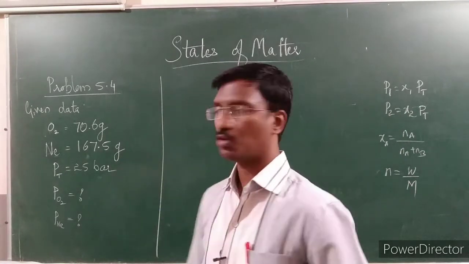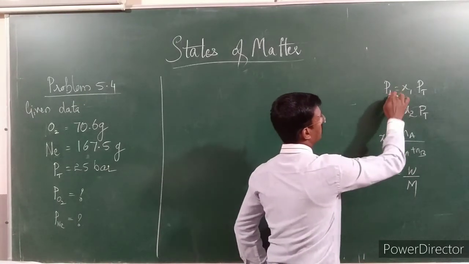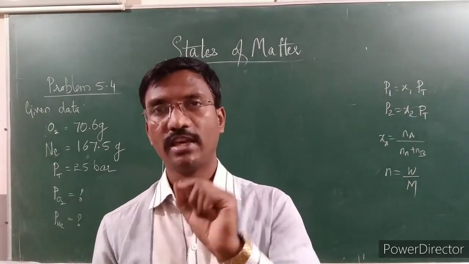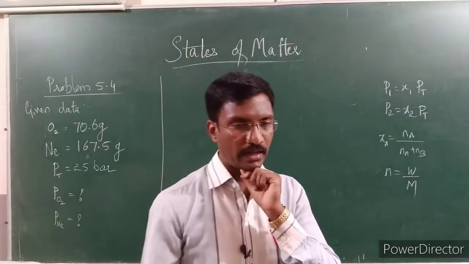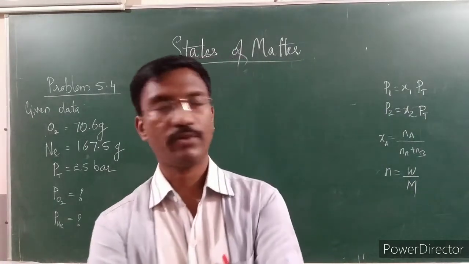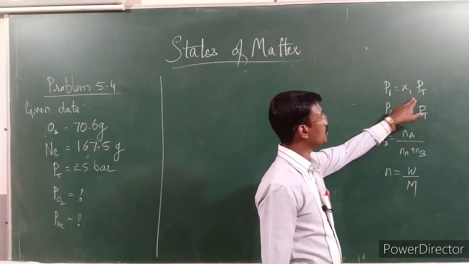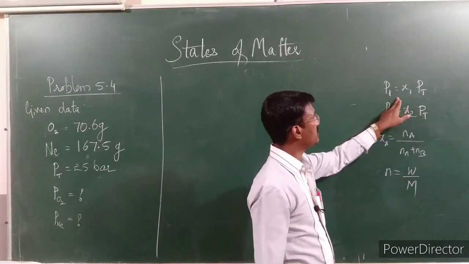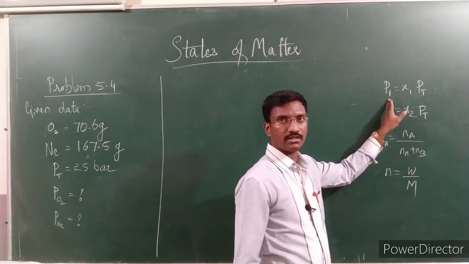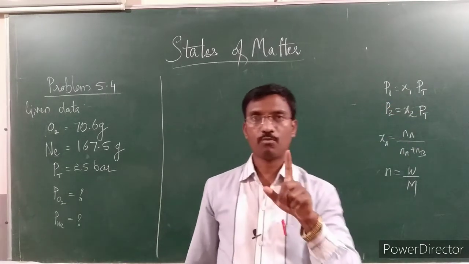Here they are asking you to calculate the partial pressure. So partial pressure is nothing but, look here. In the last week we have derived some of the equations, I think on the behavior of the gases. That is the equation P1 is equal to x1 into Pt. P1 is equal to x1 into Pt, means partial pressure of first gas, number 1, is equal to x1, where x1 means mole fraction of component 1.